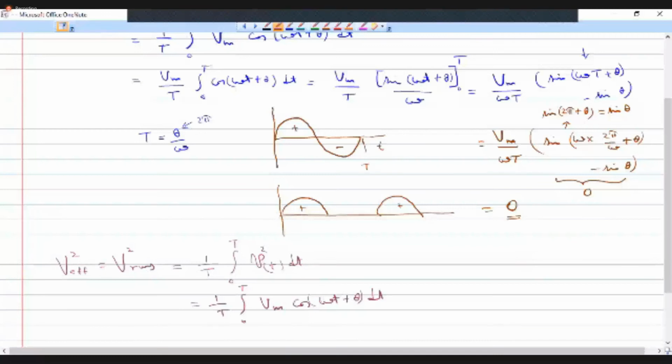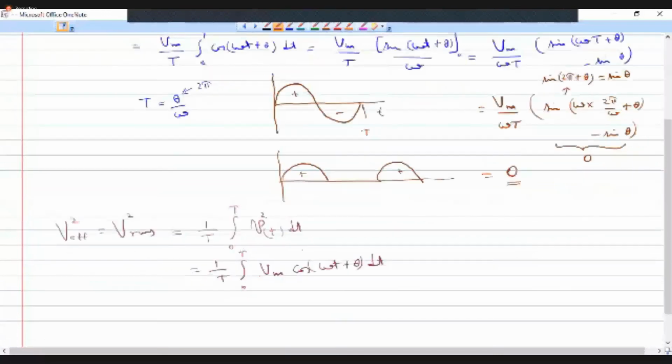I forgot to put squares here, so it should be Vm square into cos square omega t plus theta. So take out Vm square.